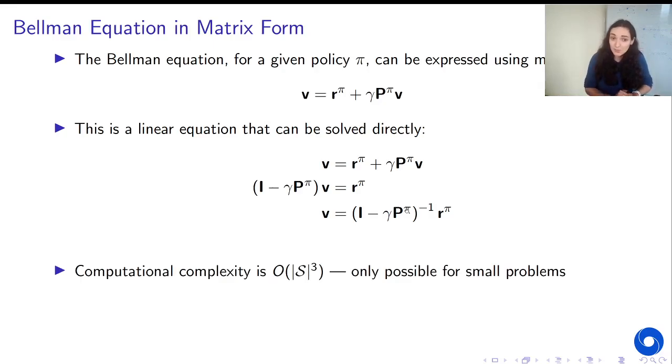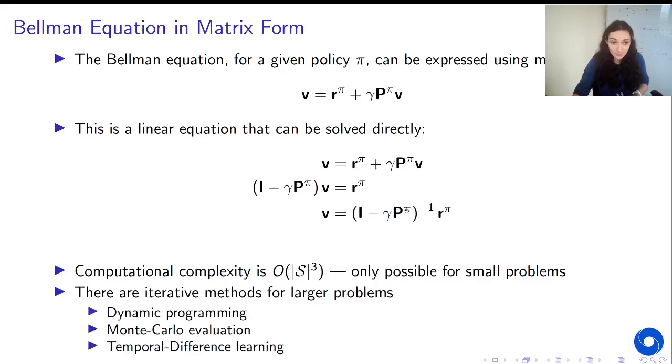Note that the computational complexity of this is the number of states to the power of 3. Even if there are other solutions that are not cubic in the state space, it's usually more than the number of states to the power of 2. So this is a feasible solution only for small problems.